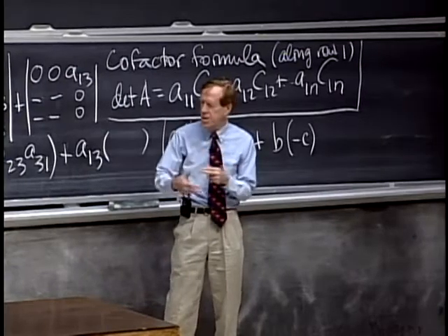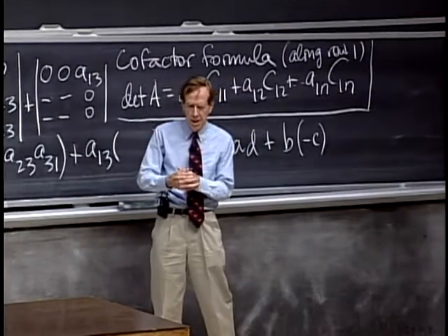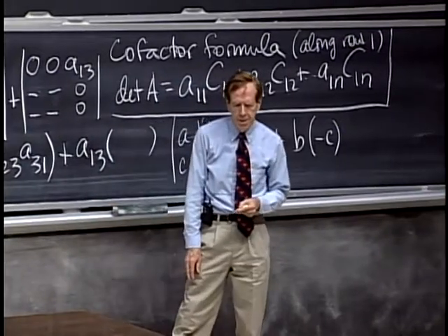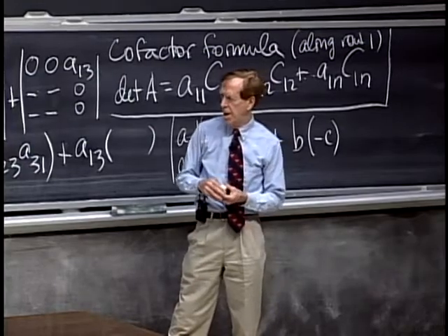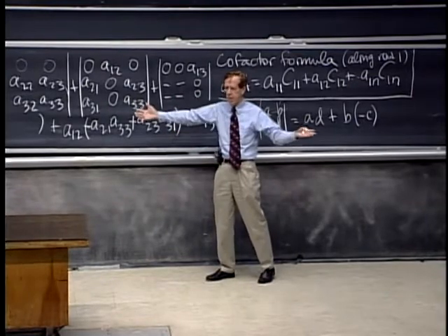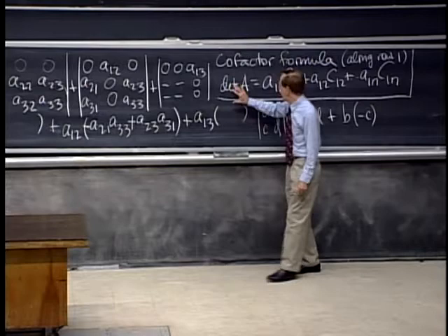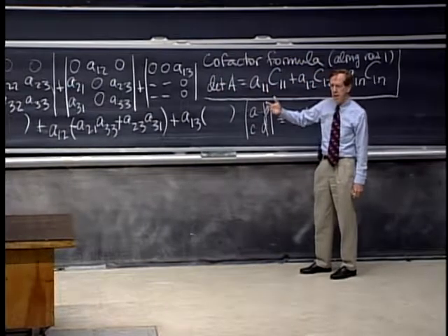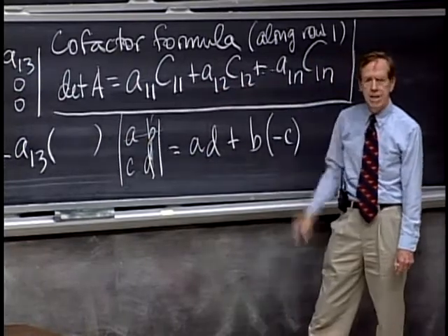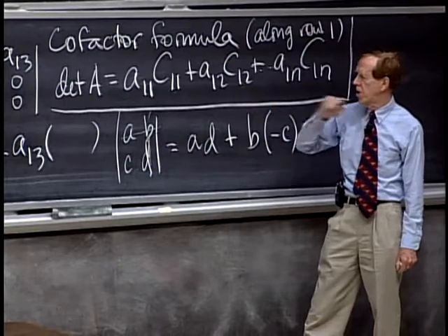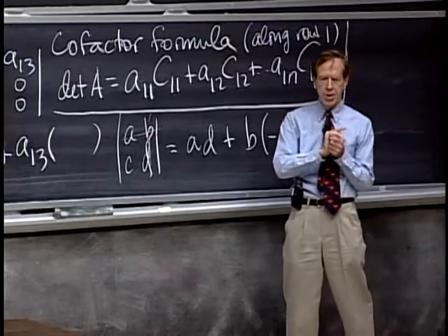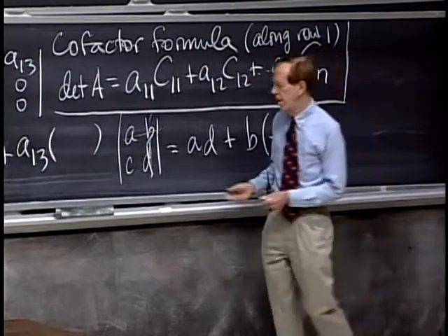The pivots have all this complicated mess already built in. As you did elimination to get the pivots, you built in all this horrible stuff quite efficiently. Then the big formula with the n factorial terms has all the horrible stuff spread out. And the cofactor formula is like in between. It's got easy stuff times horrible stuff, basically. But it shows you how to get determinants from smaller determinants, and that's the application that I now want to make.